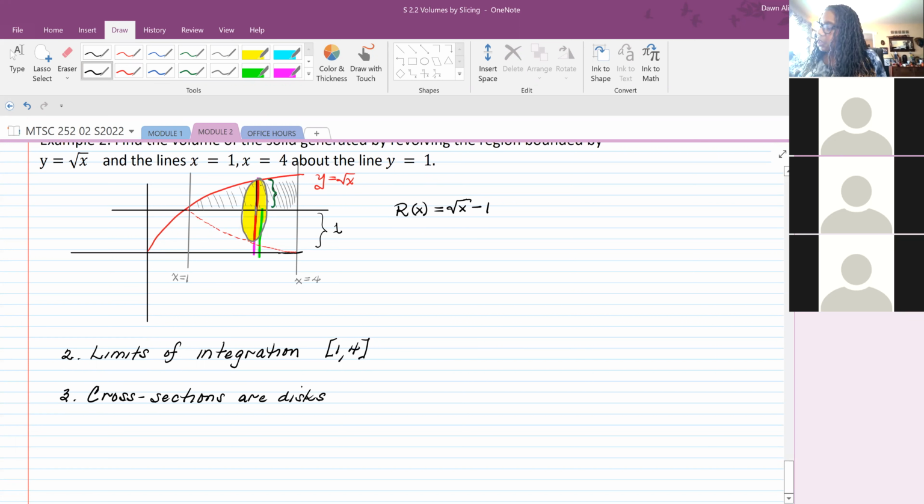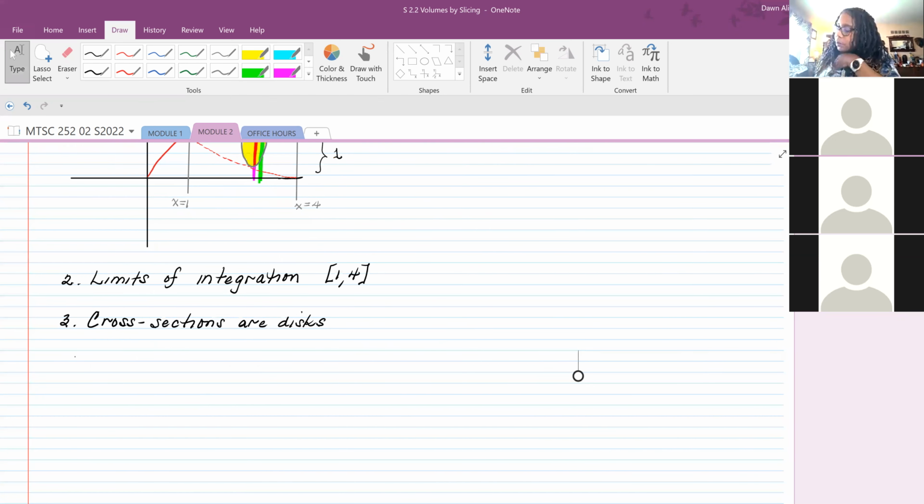We only need the radius, which is just the little green bracket. You have to take this whole height, which is the square root of X, and then you have to subtract off the parts you don't need, which is 1, and then that leaves only the piece that I want. Okay, so now I know R.